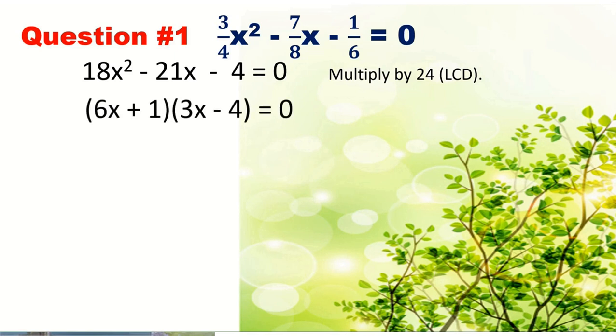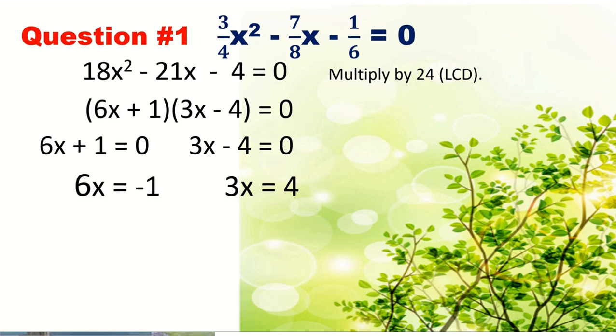Next, you need to factor the given 18x squared minus 21x minus 4 equals 0. The factors are the quantity of 6x plus 1 times the quantity of 3x minus 4 equals 0. Separate the two factors and then equate to 0. 6x plus 1 equals 0.